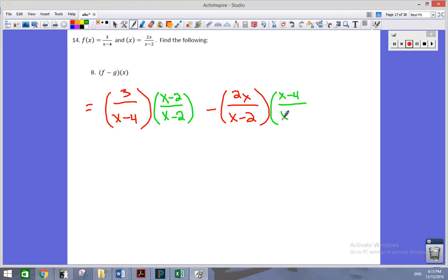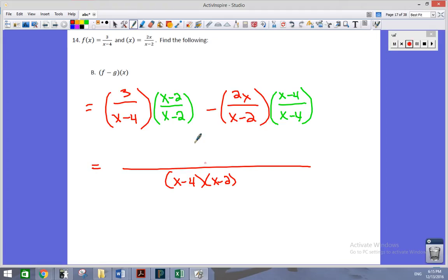So I multiply both of those fractions by the number 1 so it doesn't change their value, but it does change their appearance. And x minus 4 times x minus 2 is the common denominator, because this denominator and this denominator are the same except for the order of multiplication. And you can switch the order of multiplication.